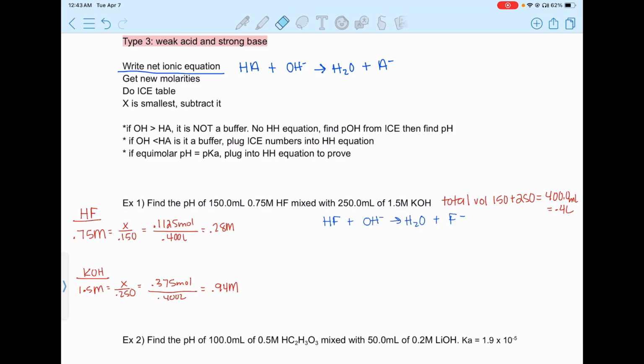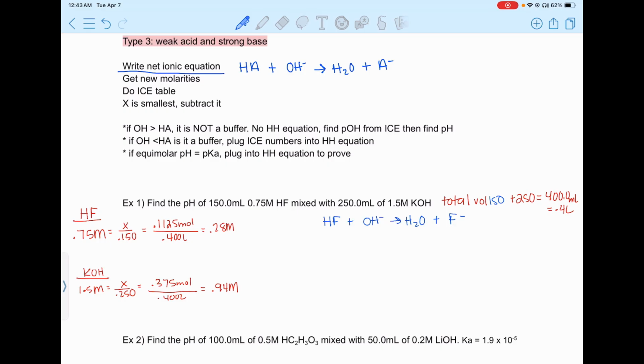Now, how did I get that number for the total? If you look over here on the right, I added 150 milliliters to the 250 milliliters, excuse me, to give me a total of 400 milliliters. Remember, molarities in moles per liter, so I had to change that to 0.4 liters rather than 400 milliliters.